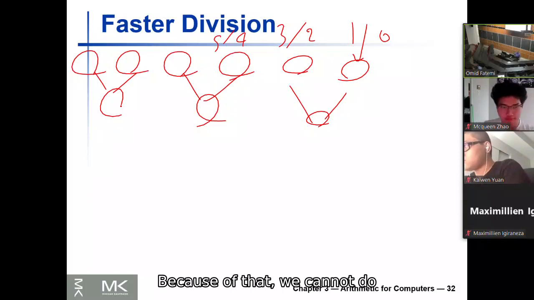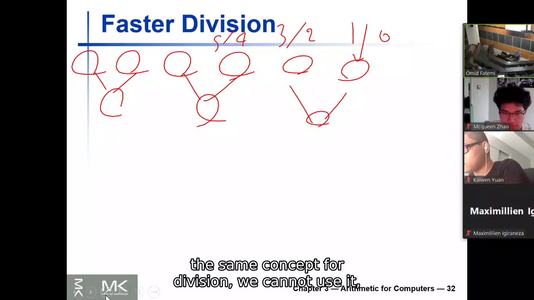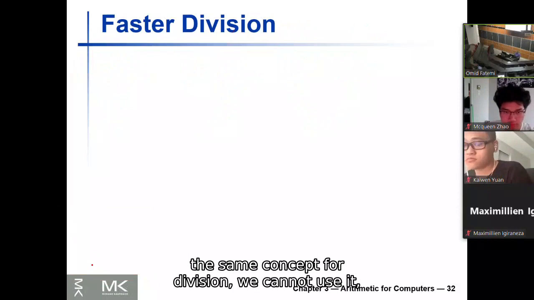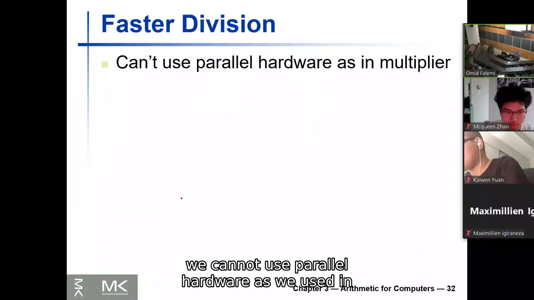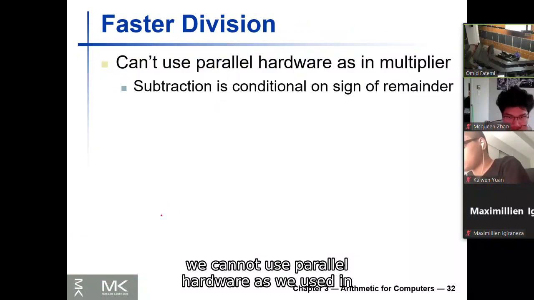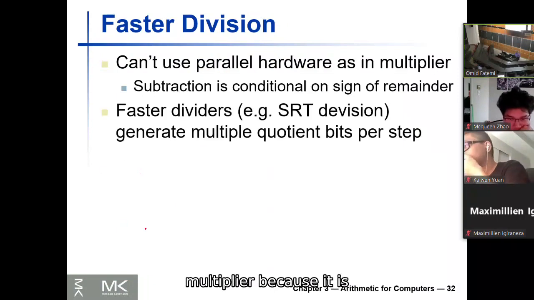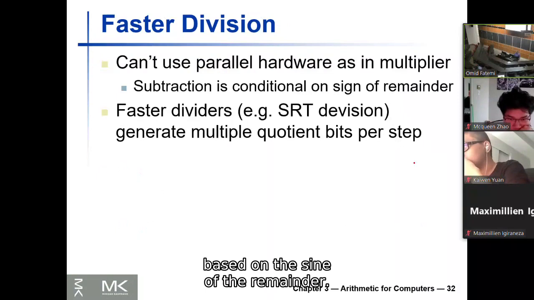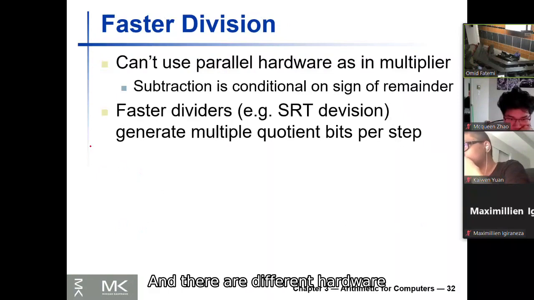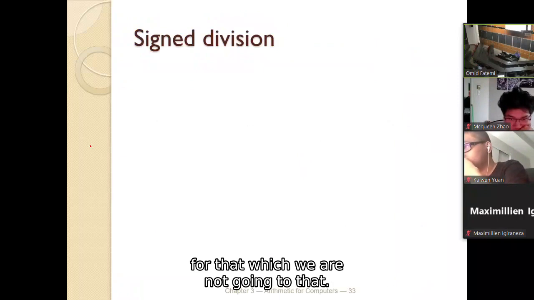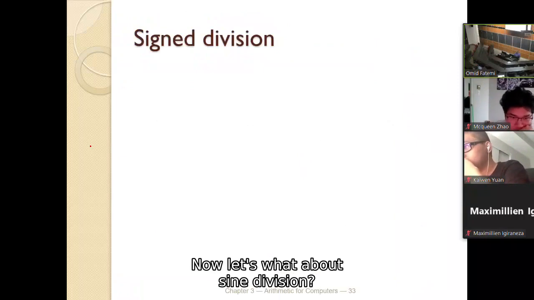So because of that, we cannot do the same concept for division. We cannot use parallel hardware as we used in the multiplier because it is based on the sign of the remainder, and there are different hardware for that, which we are not going to cover now.